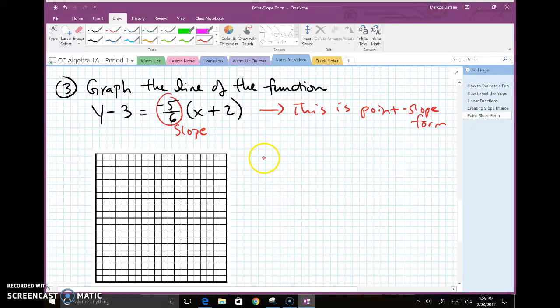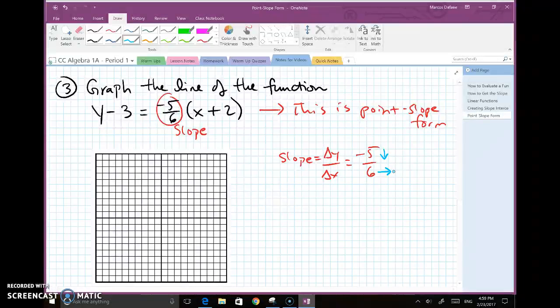And that's a guide for me. So my slope, which is my change in y over change in x, is negative 5 over 6. And directionally, what this means is that the negative 5 would tell me to go down from a certain place, and the 6 would tell me to go to the right from a certain place. Okay? So I have those directions clear in my head.